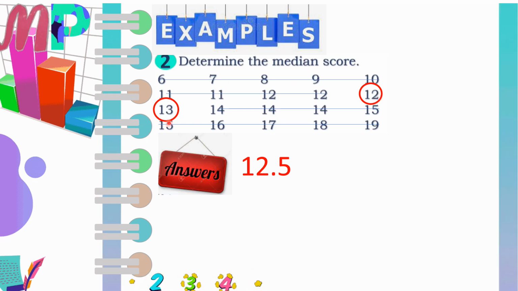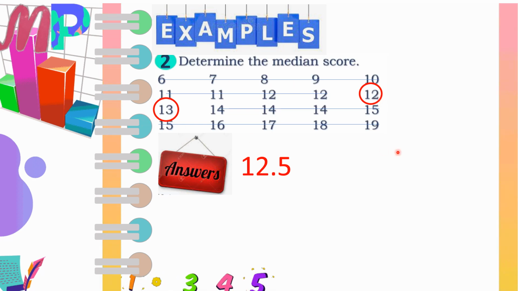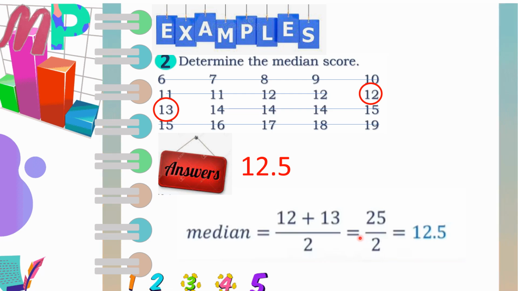Hence, 12 and 13 are called the two middle scores. Now, to obtain the median, we simply get the average of 12 and 13. So, 12 plus 13 is 25, divided by 2, that is 12.5. Hence, 12.5 is called the median.